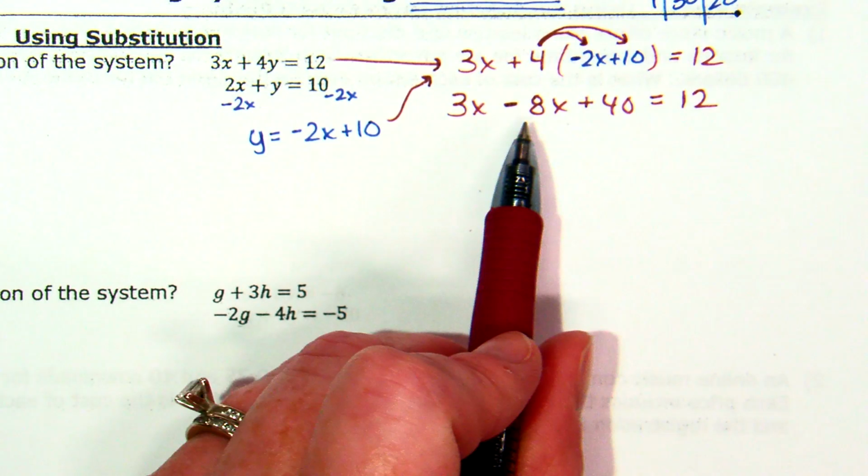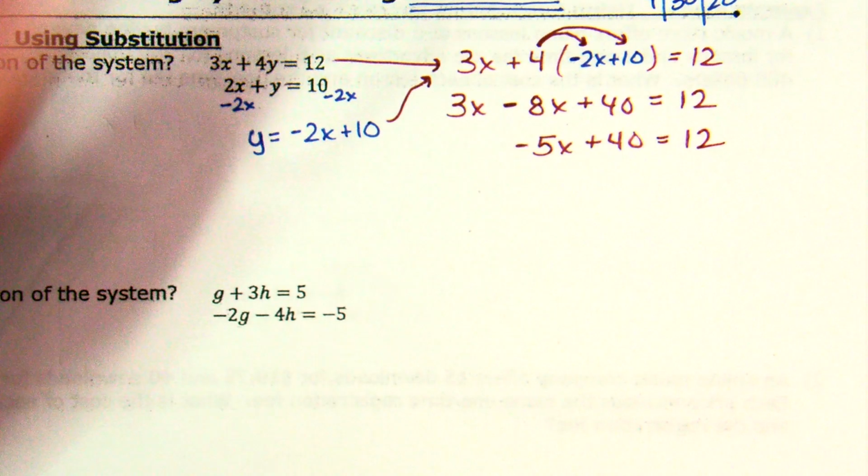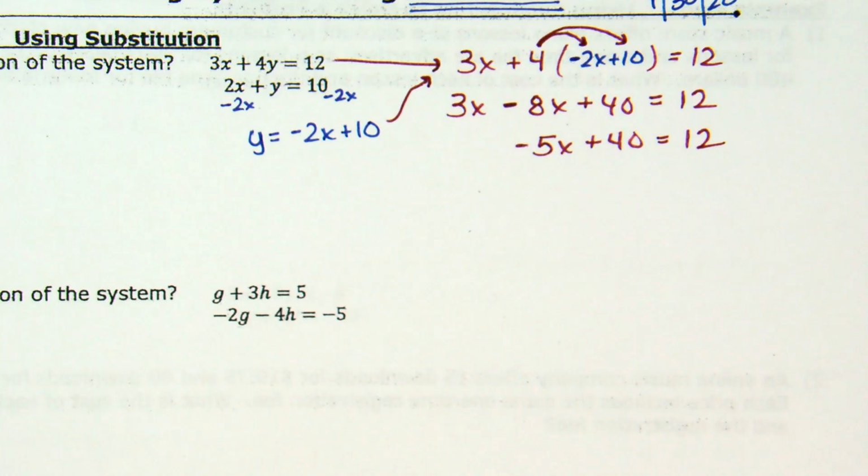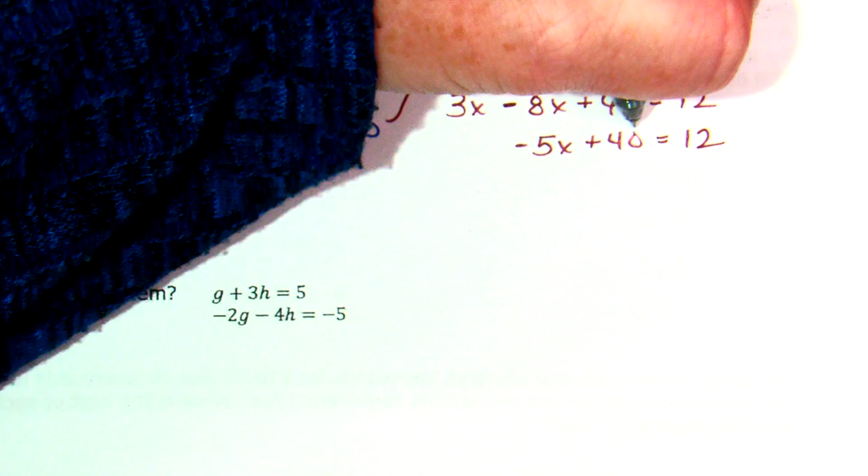3x minus 8x. Negative 5x plus 40 equals 12. Now how do I solve for x? Subtract 40. Okay, you want to keep the x where it is. Move the other numbers away. So plus 40, we're going to subtract 40.